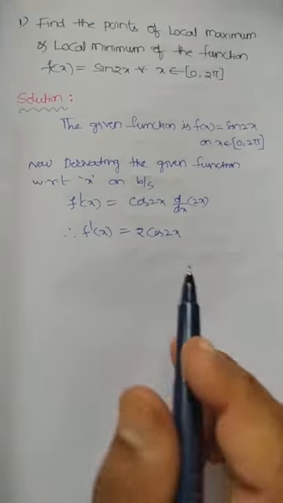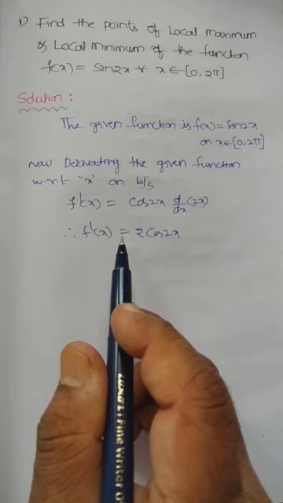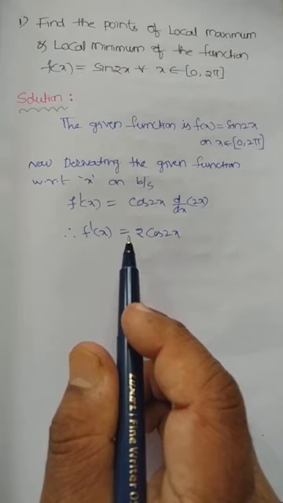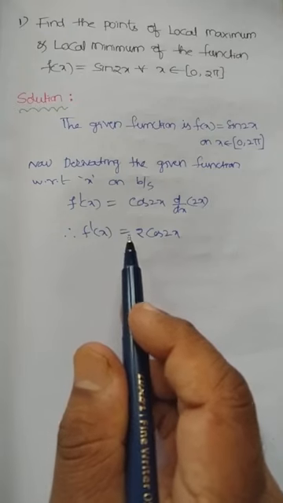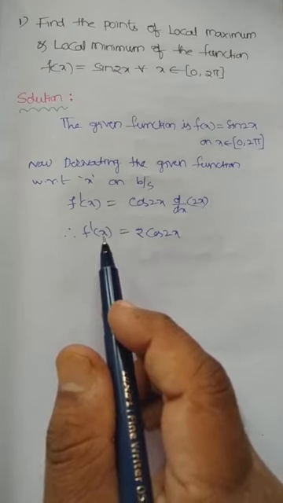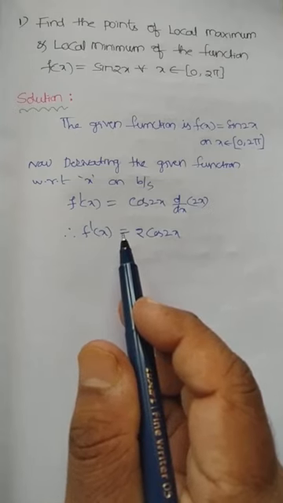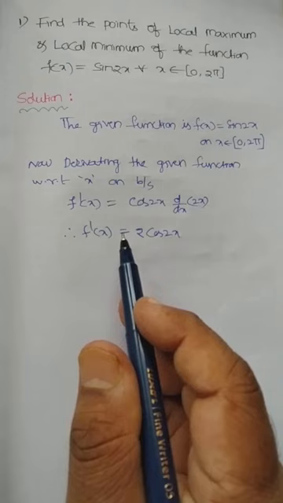Now at this level we have to go for the critical points of the function f of x. On that regard, we need to equate this f dash of x value to 0, so that we get the respective critical points.